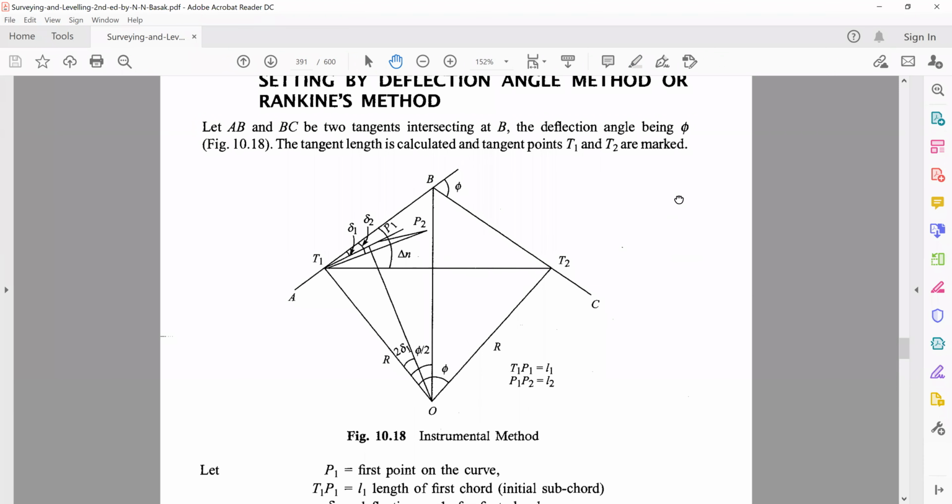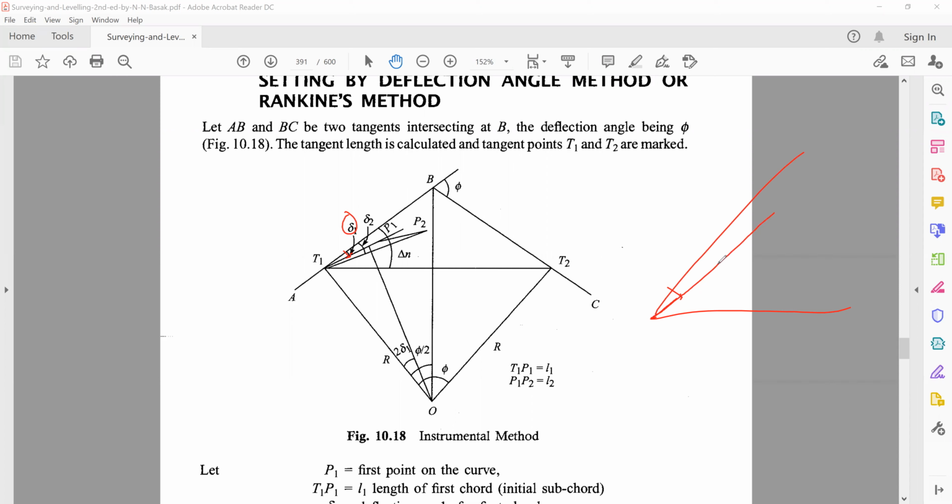So if you see this figure over here, for the first point over here, they calculate the angle, which is this one. Now, if we draw this, essentially what we are doing is selecting a point over here, and this is the deflection angle.